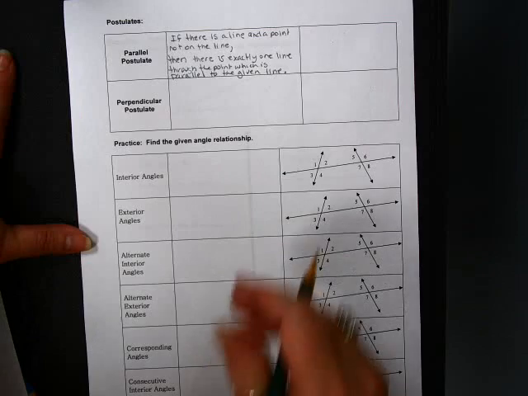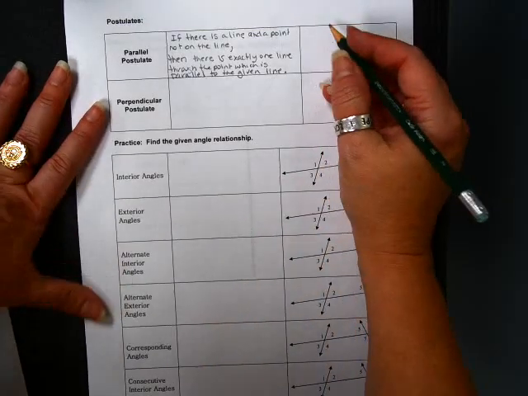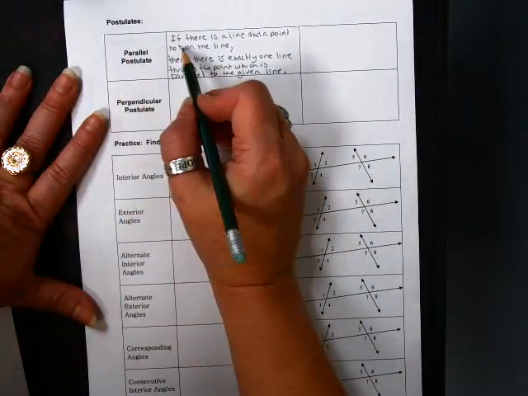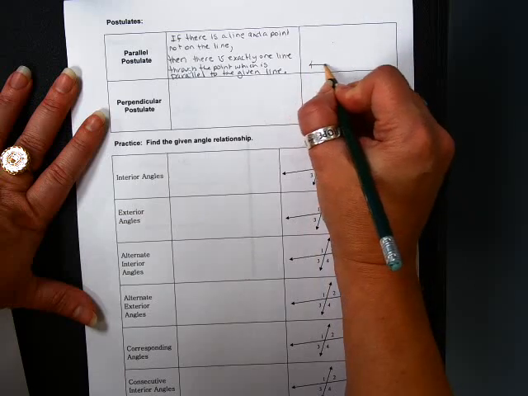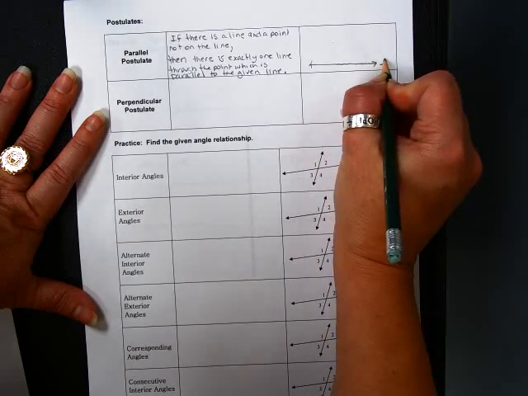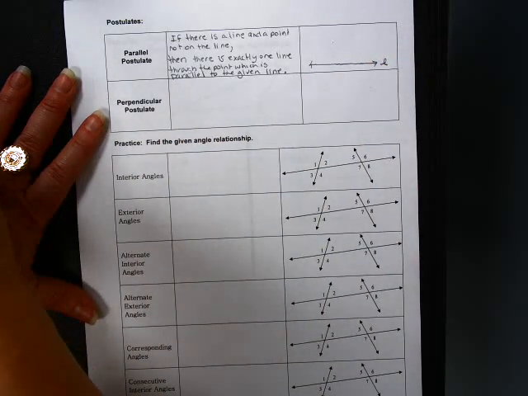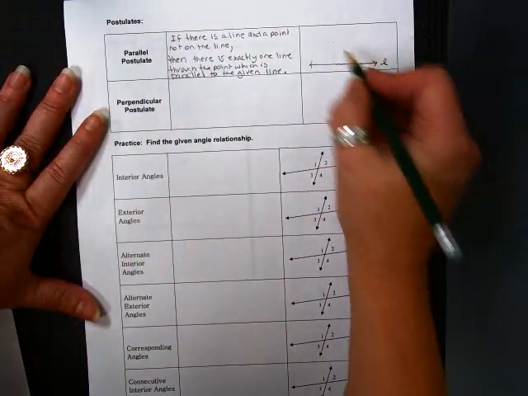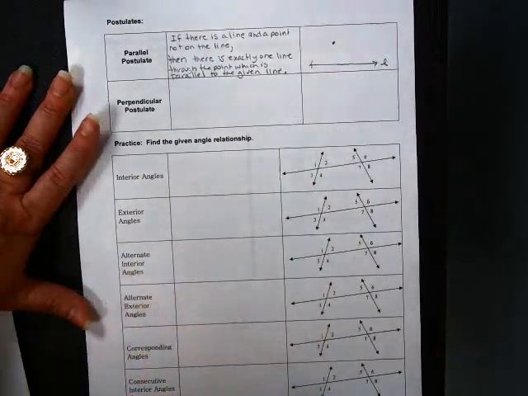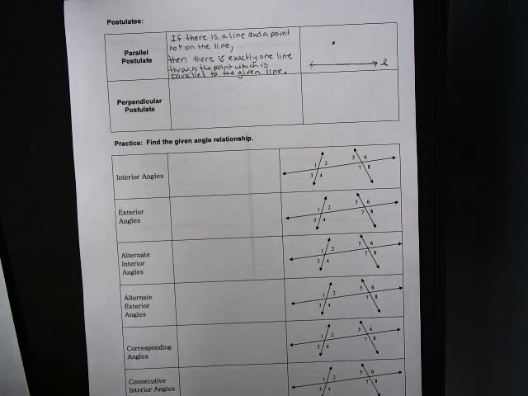Alright, so the picture that I'm going to draw for you is, first we have if there's a line, so here is a line, line L, and a point not on the line, so a point just kind of up here floating on top. They're saying that there's only one way that we can draw this line.